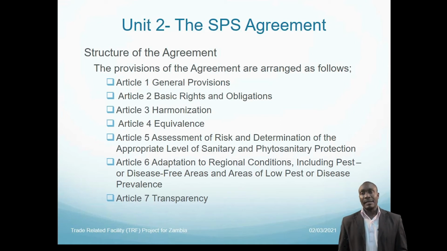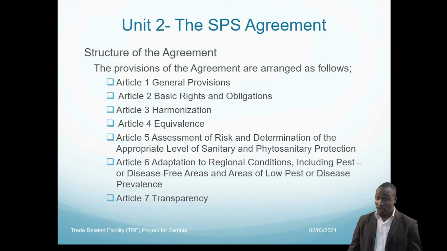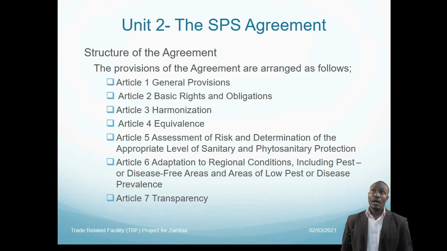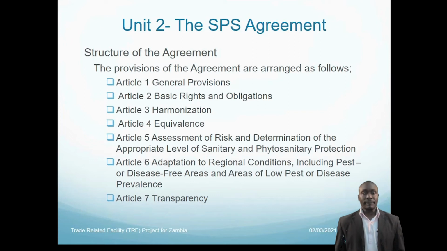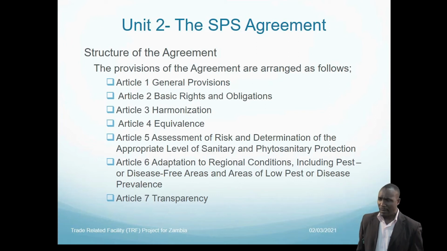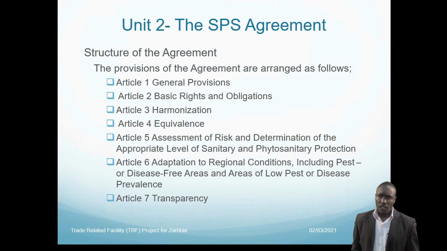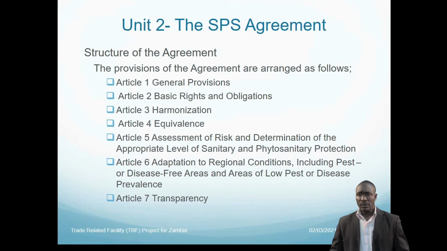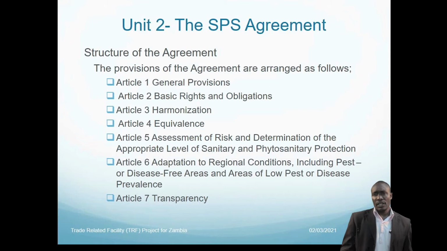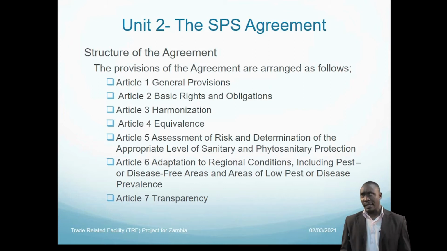So you have that aspect as harmonization, so that countries are looking at everything, the risk of exposure to the pests, exposure to the diseases, exposure to the chemical contaminants, with the same lens, from the same viewpoint. Equivalence: you may have differing SPS measures from different countries. But again, you want to find ways in which you can avoid doubling the work.